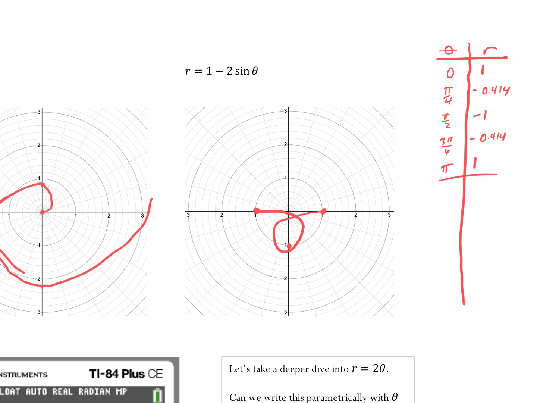So let's see, next would become 5 pi over 4. And then we'll do 3 pi over 2. And then 7 pi over 4. And 2 pi.